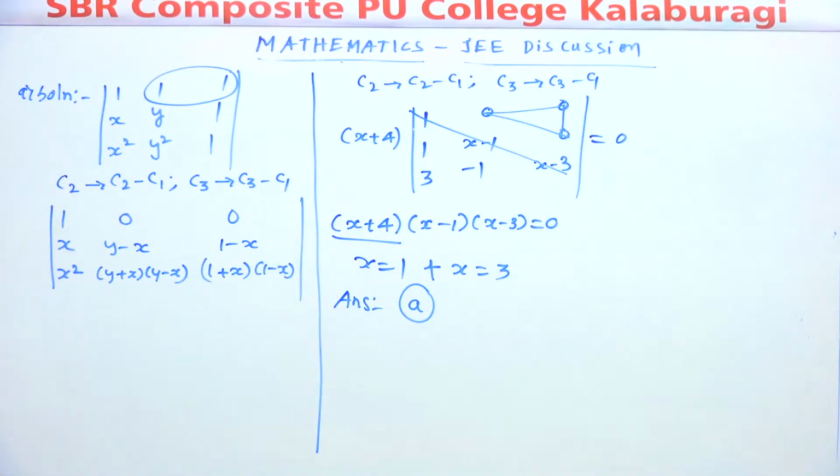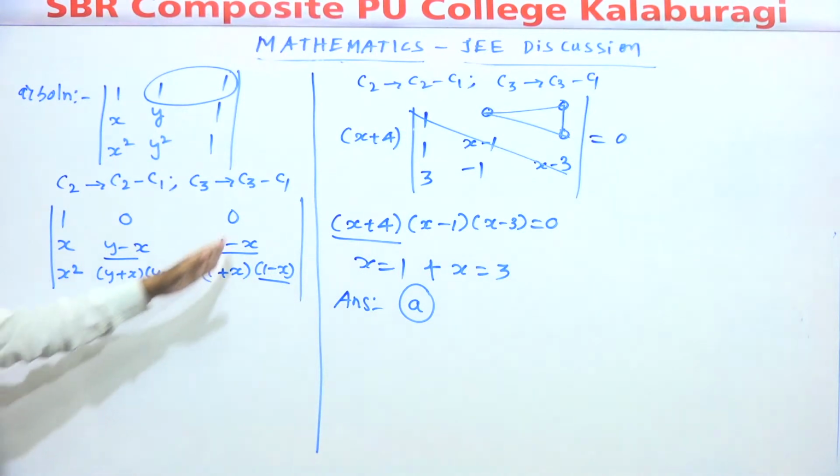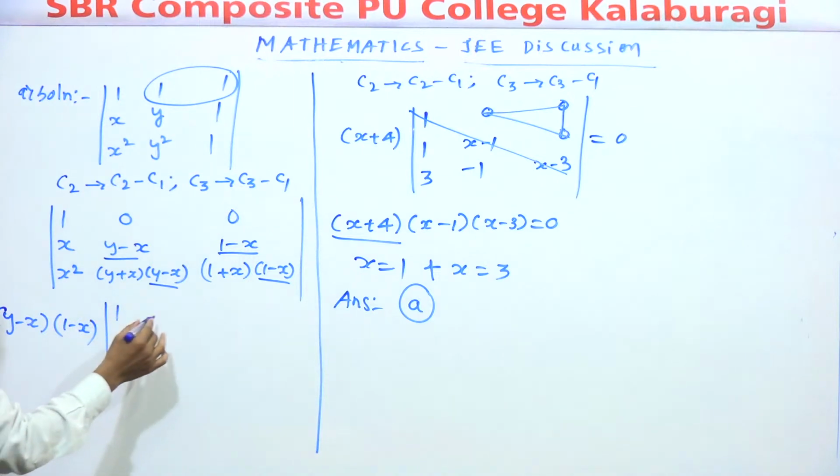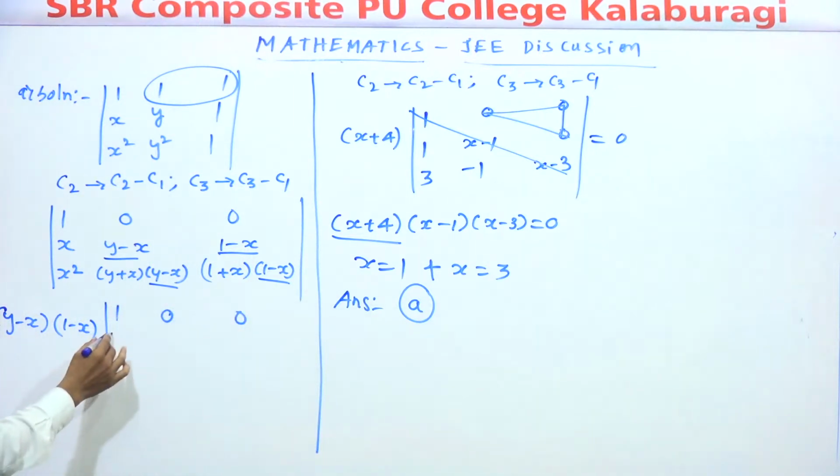Right? What is common you can observe here? C1, that is common. In C2, what is common? Y minus x is common. And in C3, what is common? 1 minus x is common. So taking y minus x common from C2 and taking 1 minus x common from C3, what is left out? 1, 0, 0, right?